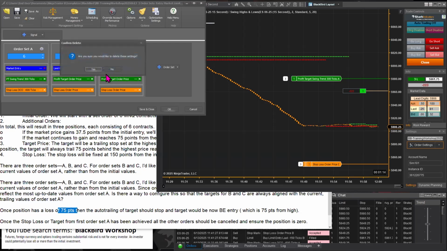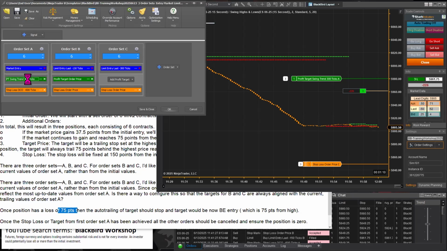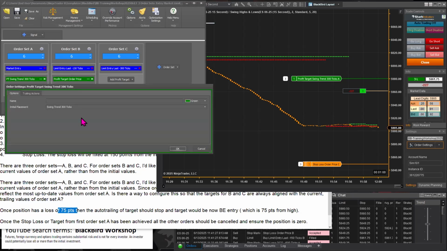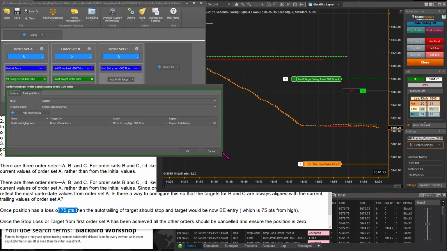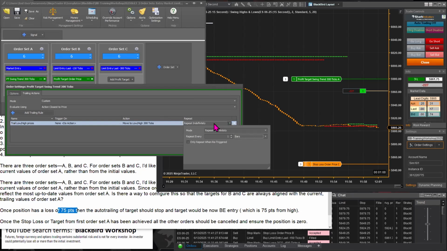All right, so I'm going to delete this profit target, and let's start with our first profit target here and go into the trailing actions. To stop this from trailing, we're going to change our repeat here.